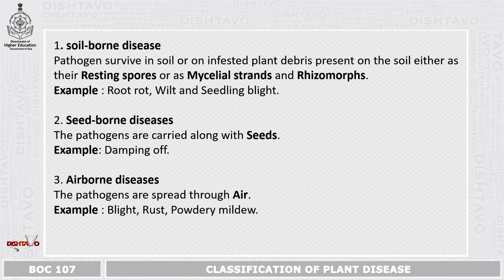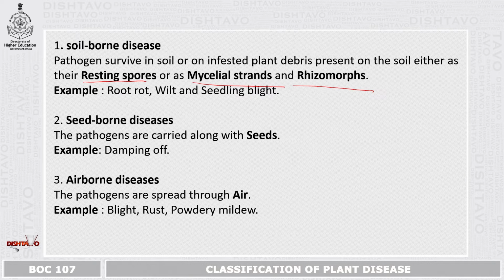So soil-borne disease, in which the pathogens survive in soil or on infested plant debris present inside the soil, either as their resting spores or mycelia or mycelial strands and rhizomorphs. The example of soil-borne disease is root rot, wilt and seedling blight.